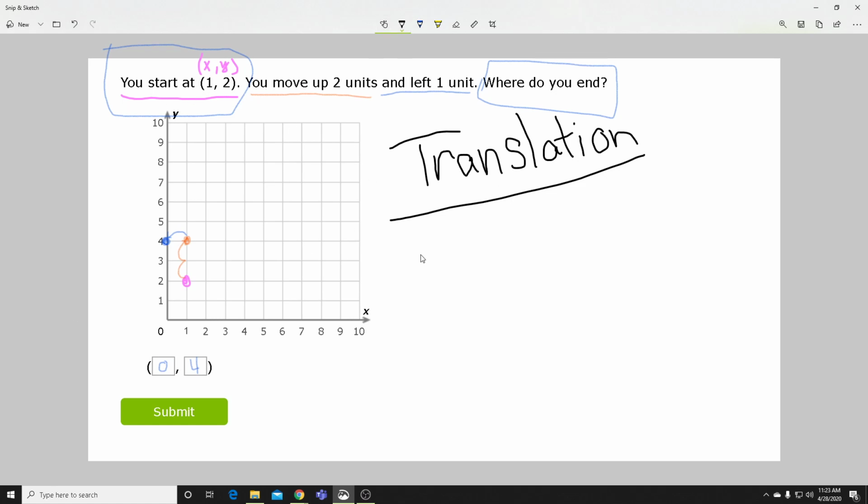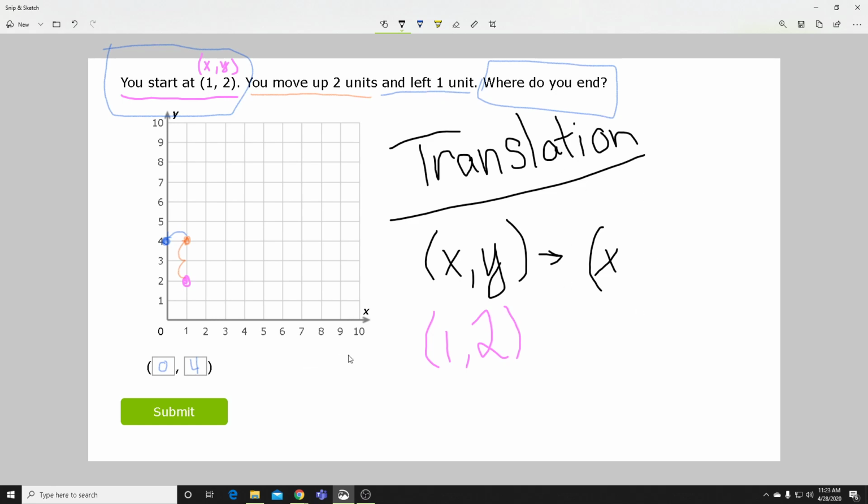We started at 1, 2, so let's see, we have x and y, and we know that we started at 1, 2. Now moving up would be to our y, so moving left and right horizontally, that'd be a change to our x coordinate.